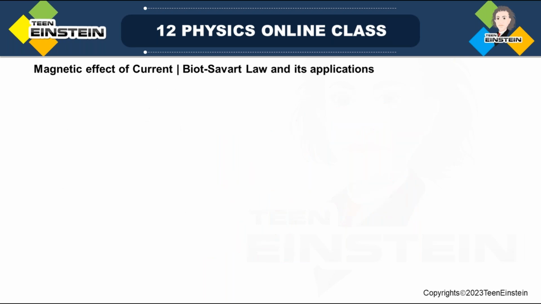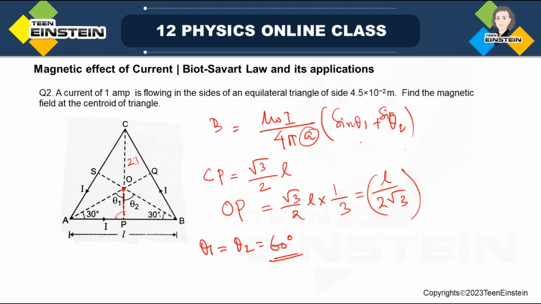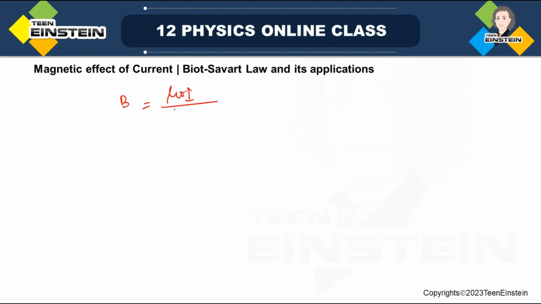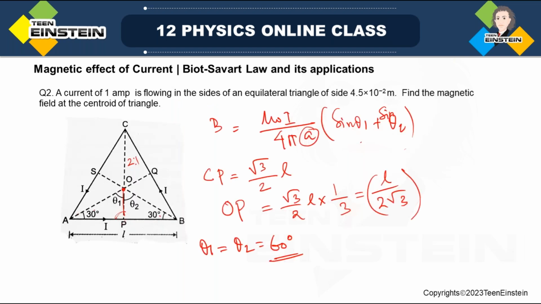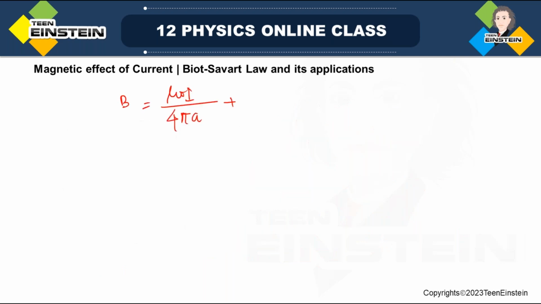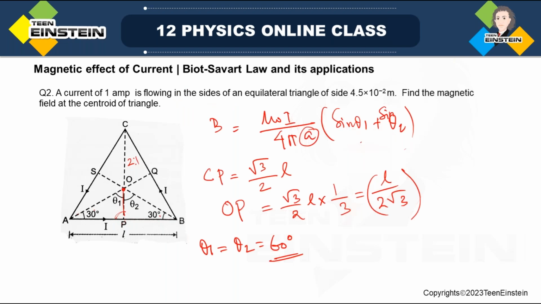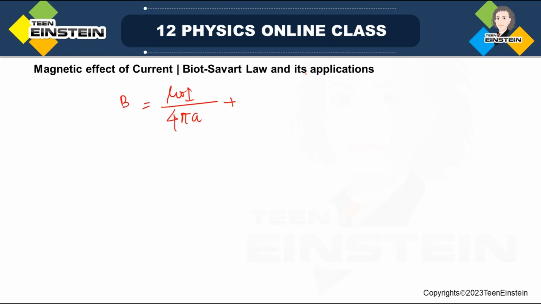So if we apply, B is equal to mu 0 I, I have to find out this part, 60 degree, 60 degree.